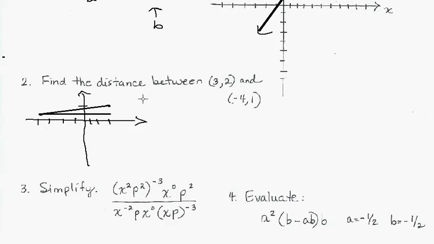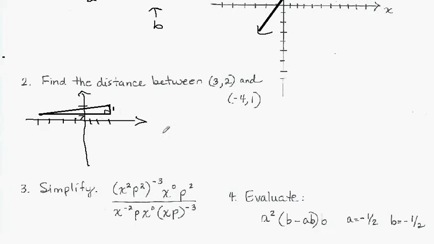Okay, so once you construct your right triangle, you're going to find out the length of the sides. We're going from 1 to 2 here, so this side's going to be 1. We're going from negative 4 to 3, so it's going to be 1, 2, 3, 4, 5, 6, 7. So this side is 7. Pythagorean theorem, this is a right triangle.